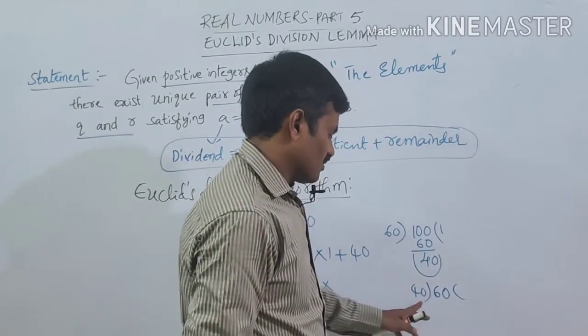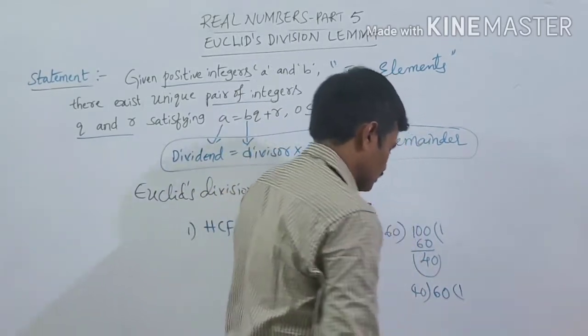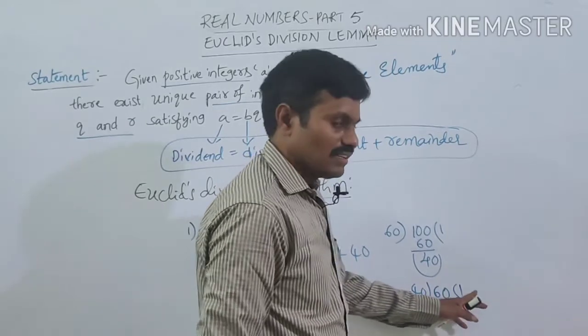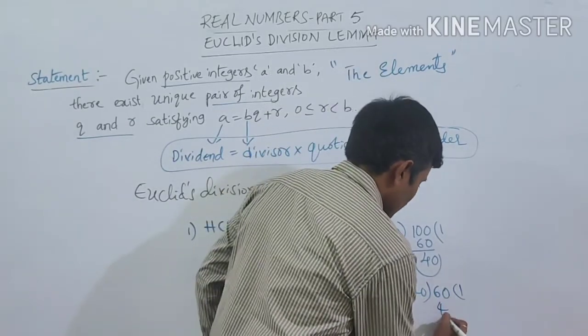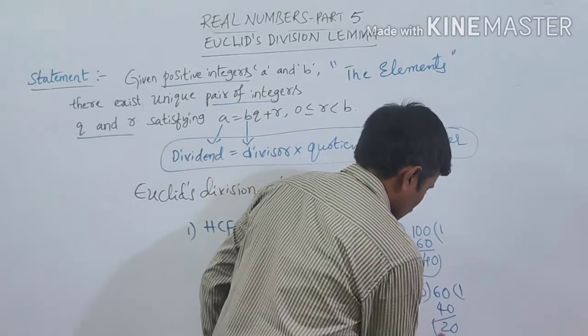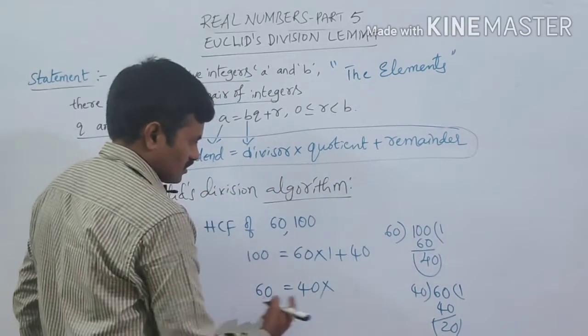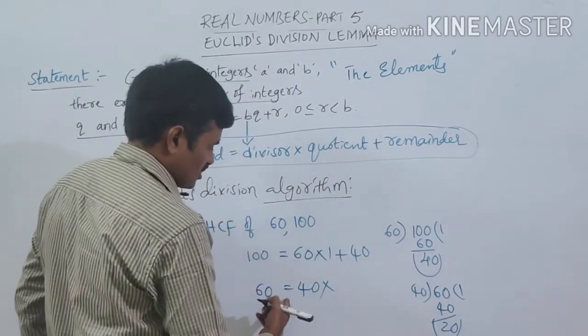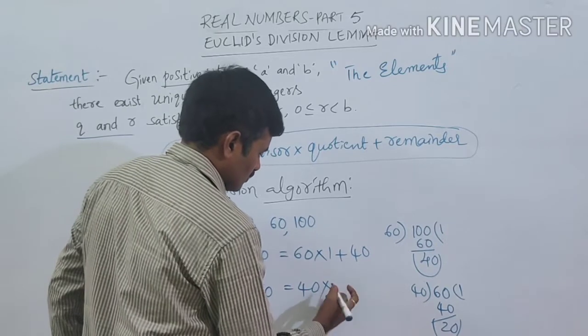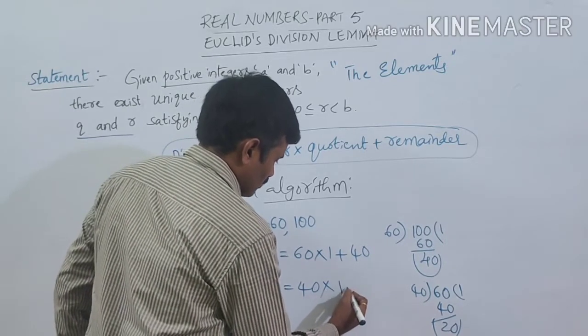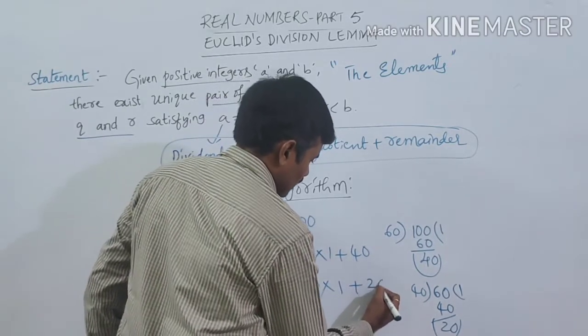We can divide 60 by 40 only one time, and there will be remainder 20. So this can be written as 60 is equal to 40 into 1 plus 20.